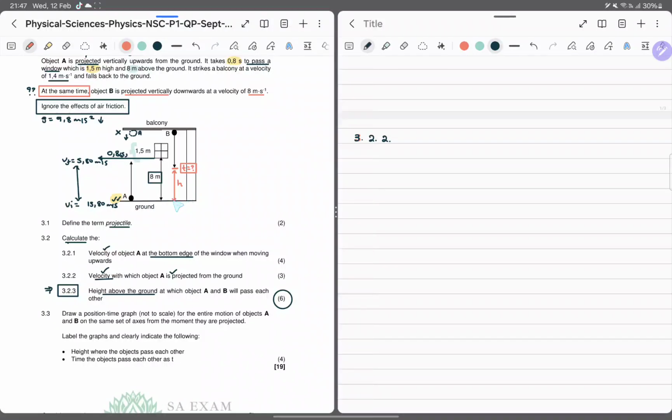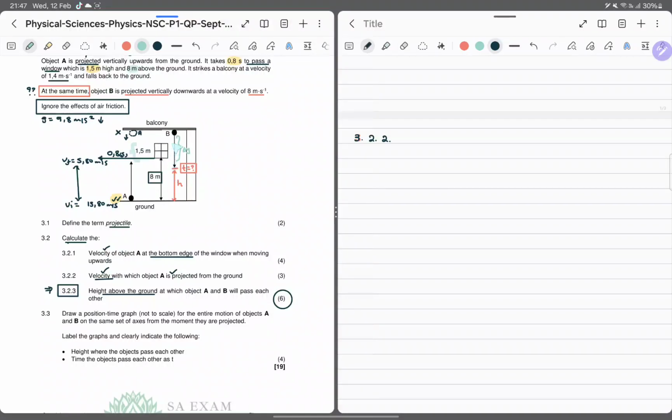Now, this could be easily looked at ball A going up this distance or this displacement for this time duration. That could be easy. Or we look at ball B going down this vertical height, we can call it delta Y, and for this very same time duration.